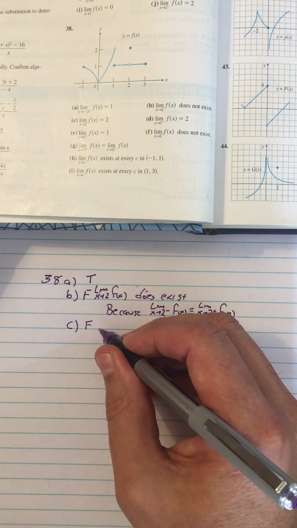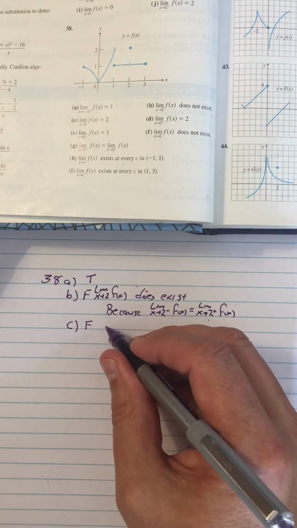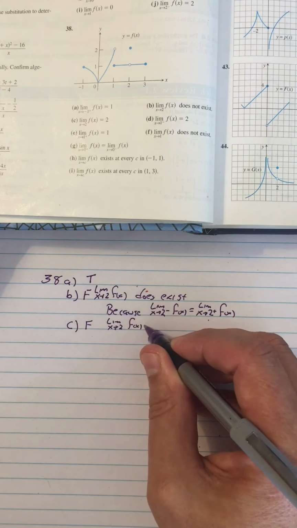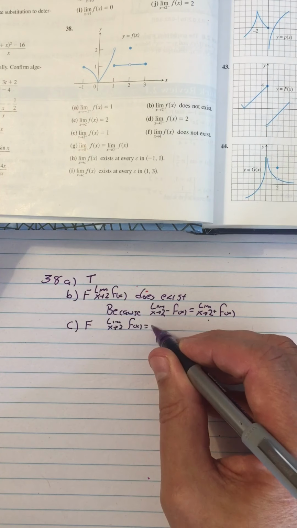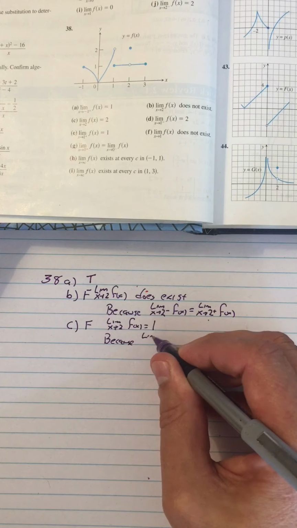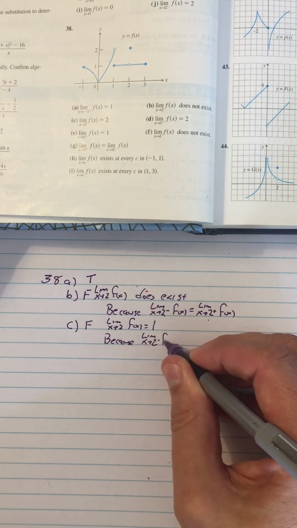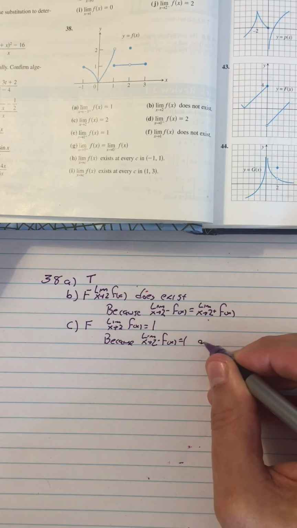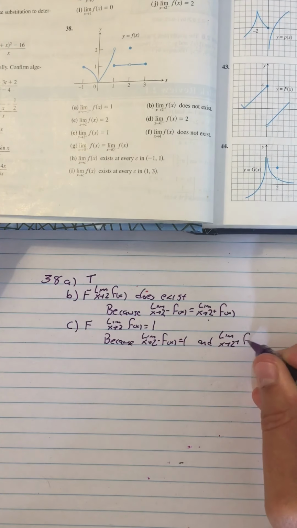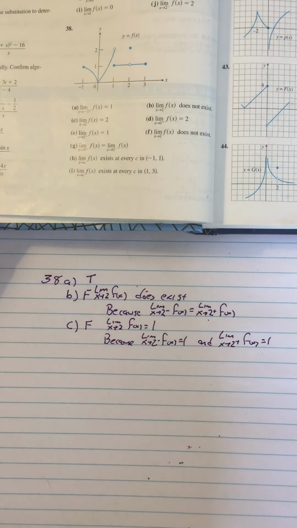And let's say what it really is. The limit as x approaches 2 of f of x equals 1, because the limit as x approaches 2 from the left of f of x is 1, and the limit as x approaches 2 from the right of f of x is 1. So give the correct answer and justify it.